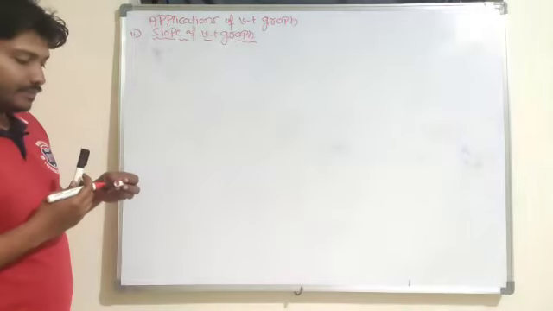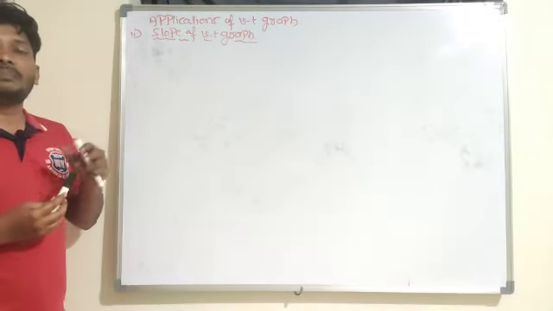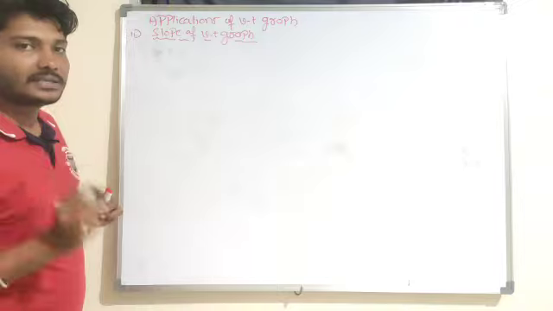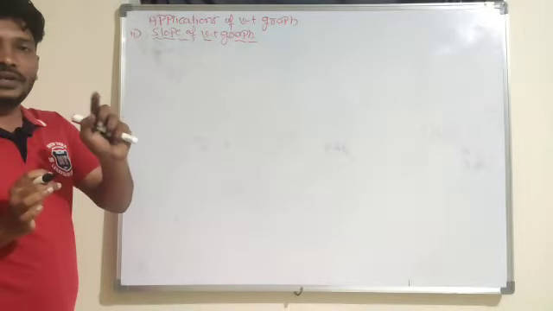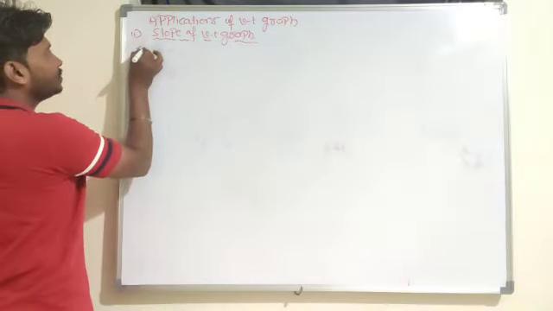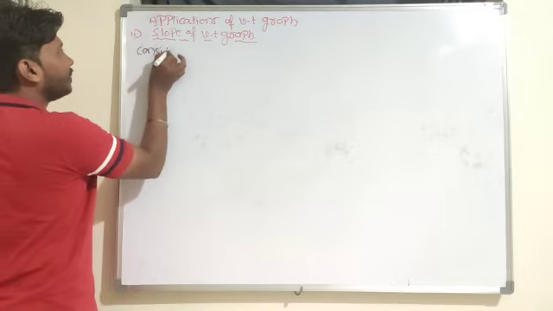For that purpose, I will choose an object that is moving with uniform acceleration with a certain initial velocity. So look at here, I will choose one object here.